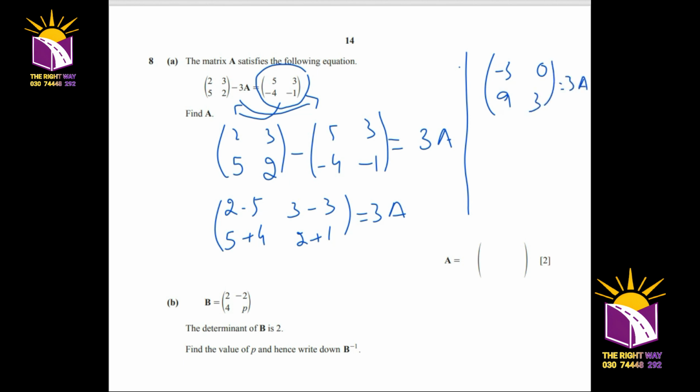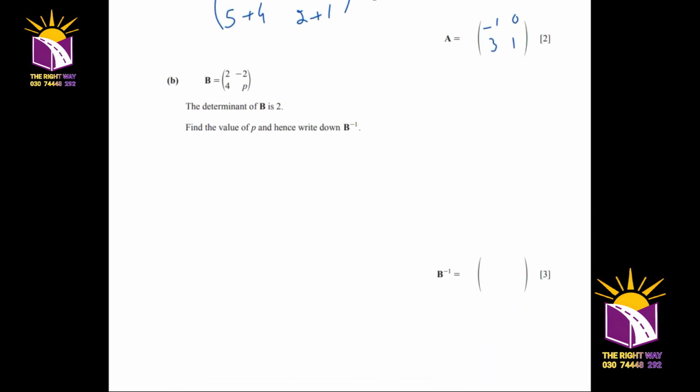Now 3 multiplied with A will be divided on this side, and it will become minus 3 by 3 equal to minus 1, 0 by 3 is 0, 9 by 3 is 3, and 3 by 3 is 1. So this will be A equals minus 1, 3, 0, 1.